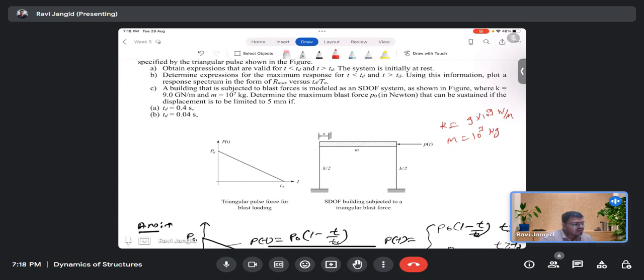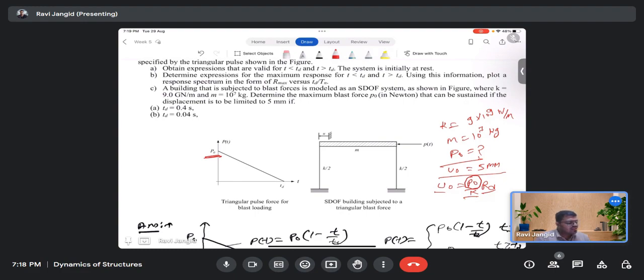You need to determine the maximum blast force P naught that can be sustained if the maximum displacement U naught is limited to 5 mm. U naught is P naught by K into RD. RD we can find out, U naught is with us, K is there, so we can find out P naught directly. For this, first find out the Tn, the time period of the system.